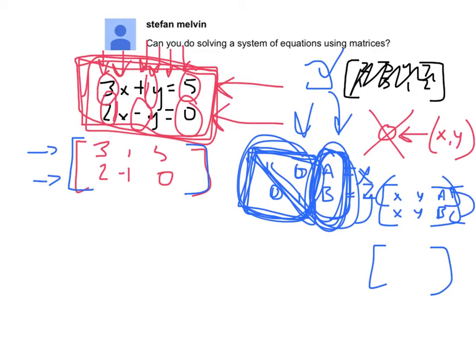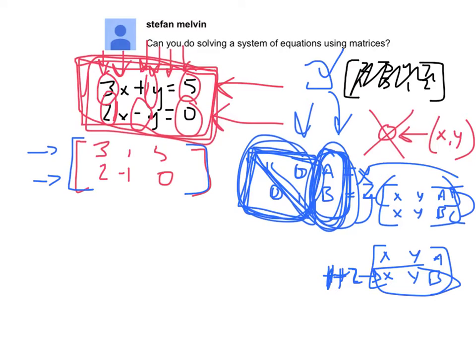So essentially you can say like x, y, A, x, y, B. You can say I want to add the top row, which would be row 1, plus the bottom row, which is row 2, and I want to put the answer on the bottom. That's fine. You can do that. Okay? And that's just a few of the rules. Unless I'm forgetting some, I think that's it.